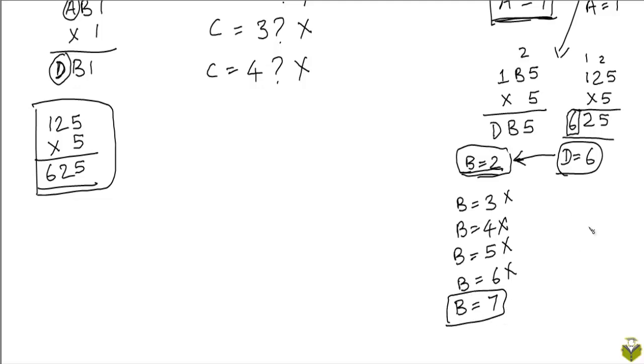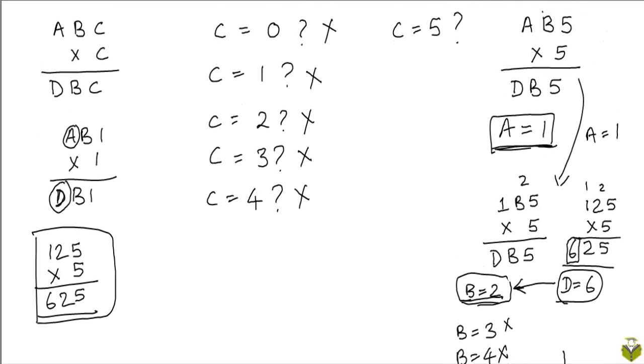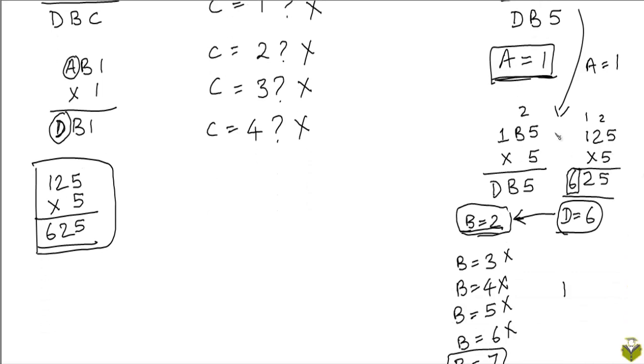Let's try doing that and find out what value of D we get this time, if at all we get a legitimate value. It's possible that we may not get a legitimate value for D, in which case this would not really be a solution to the cryptarithm. So if we put B equal to 7, we get 175 times 5 is equal to DB5.